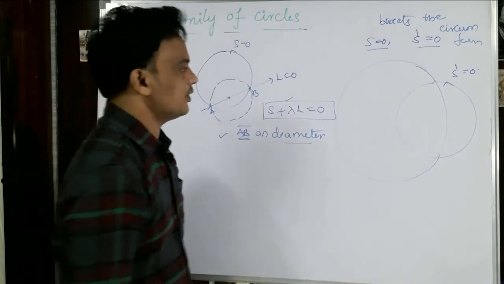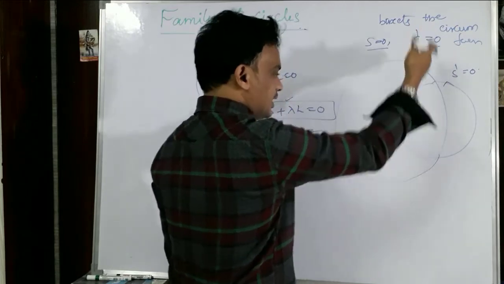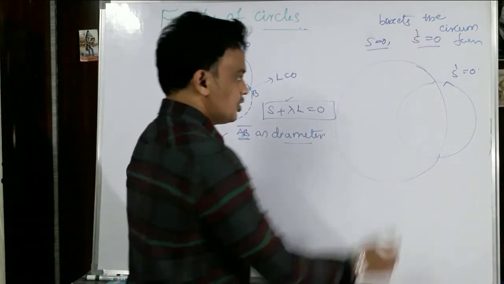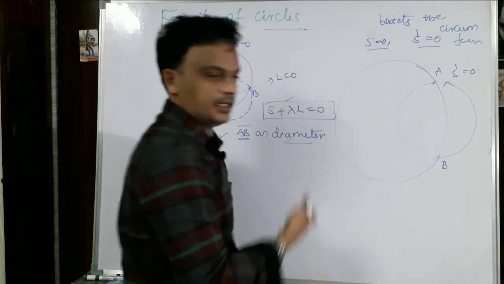What is the meaning of that? It means the first circle is dividing the second circle into two equal parts, bisecting it at A and B. This is one case.